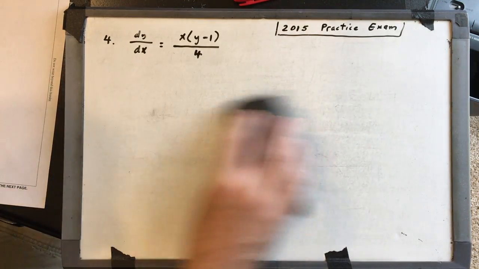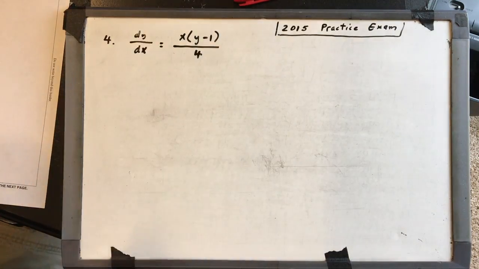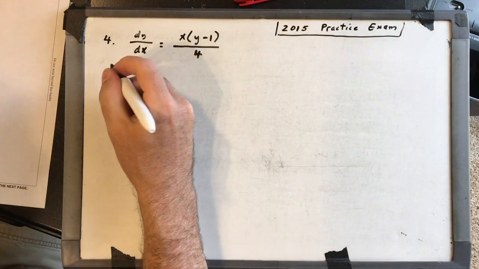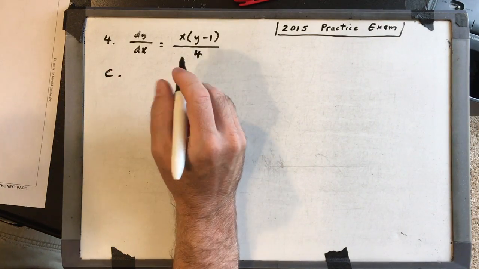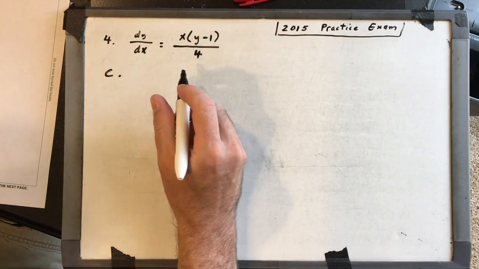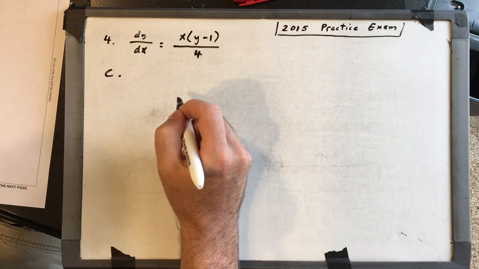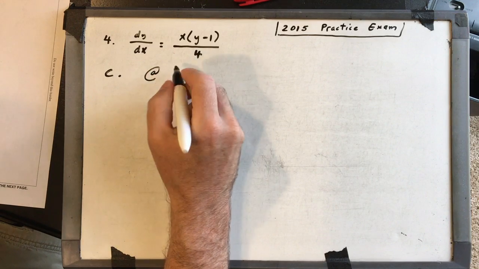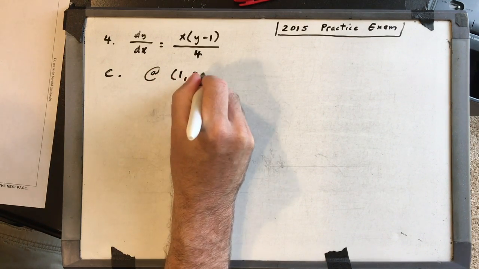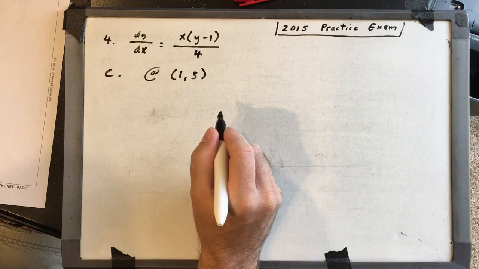Okay, that was part B, by the way. Didn't label that. So part C, we have to separate our variables and get the particular solution at (1, 3). f of 1 is equal to 3.